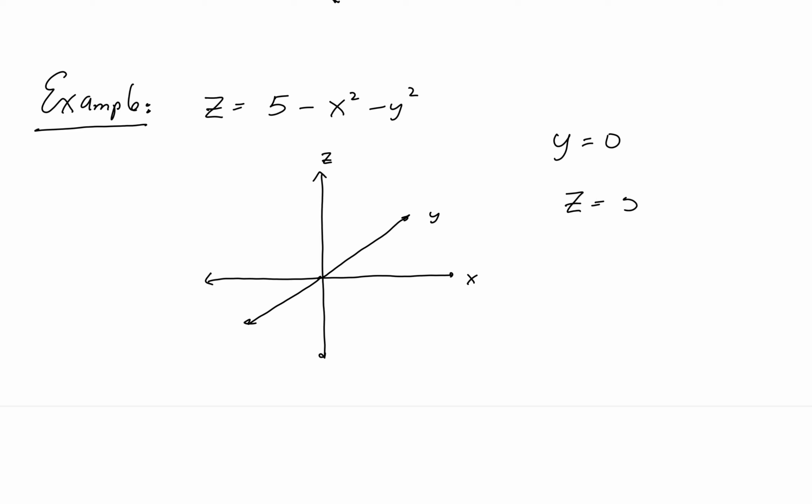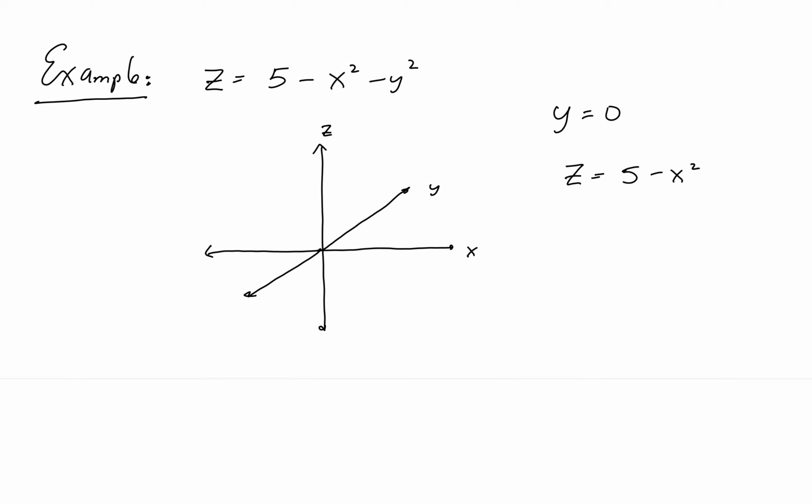This will give me z is 5 minus x squared. So we know what that graph would look like in the xz plane. That would just be a parabola that opens down like this, and it would start up here at 5. And similarly, if we took x is equal to 0, I get z as 5 minus y squared. So that would be a parabola opening like this.